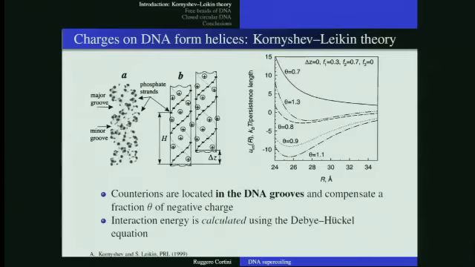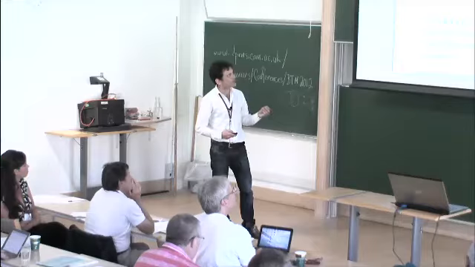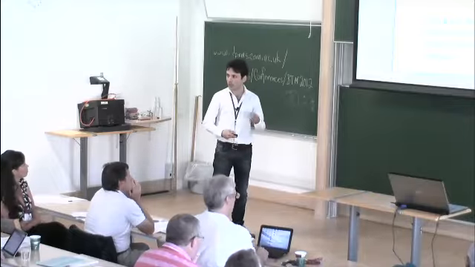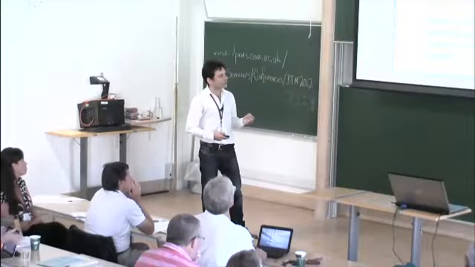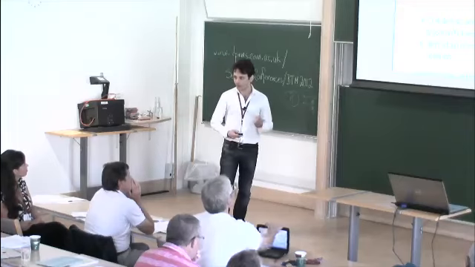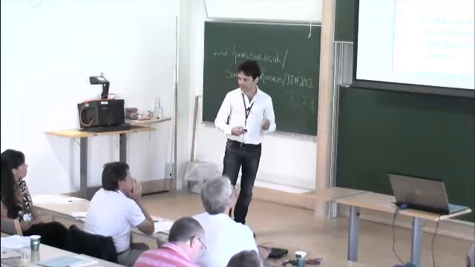Unlike other theories of DNA-DNA interactions, the main point is that it takes into account that the charges on the surface of DNA follow a helical pattern. That's a fundamental thing. The negative charges on DNA are fixed and are situated on the phosphate groups. And the main assumption is that the positive charges are also following helical lines.